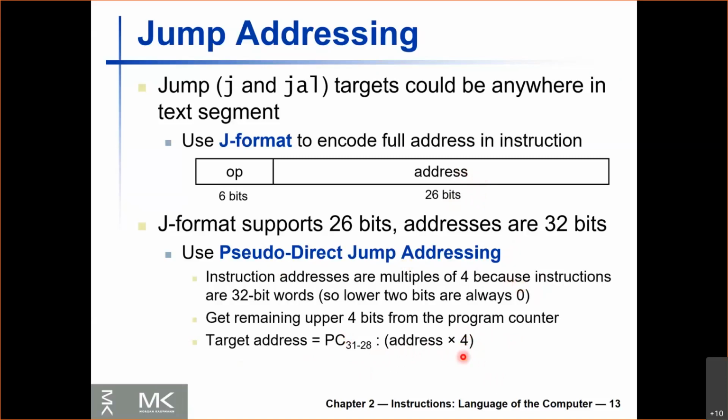The intuition here is that even though we might need to jump to a place that's very far away, it's very unlikely that we need to jump far enough such that the top 4 bits of the PC change. If the top 4 bits of the PC between the jump instruction and the label we're jumping to are different, it means that we're jumping to a place that is 2 to the power 28 away.